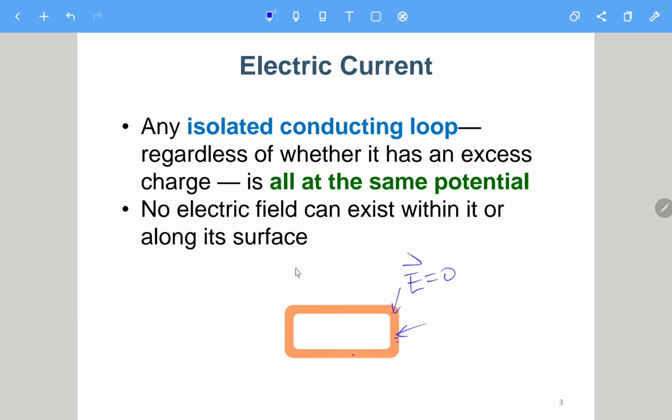So if you can remember, the E field and the potential have a relationship like E equals the negative of the gradient of the potential, or the other way around, V equals the negative integration of E dot ds for a path. So as long as there is no E, then the potential difference will be 0.